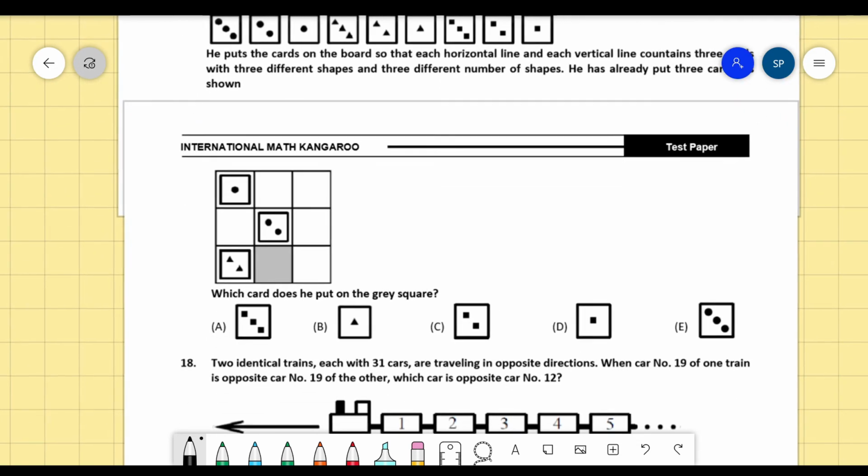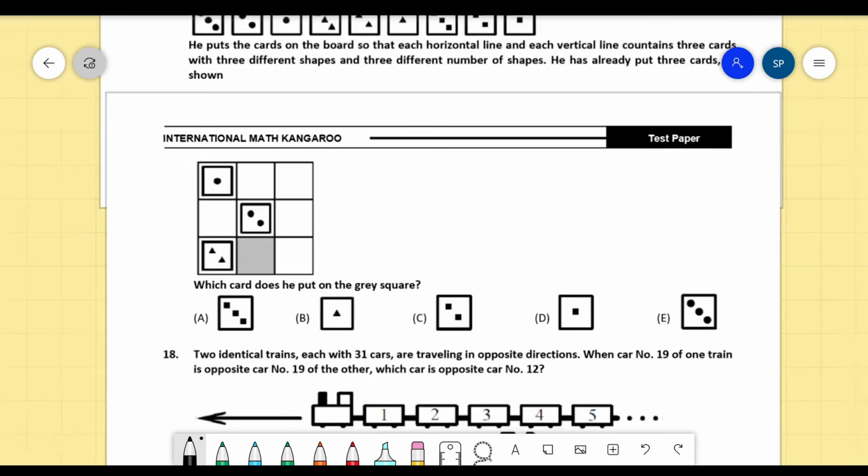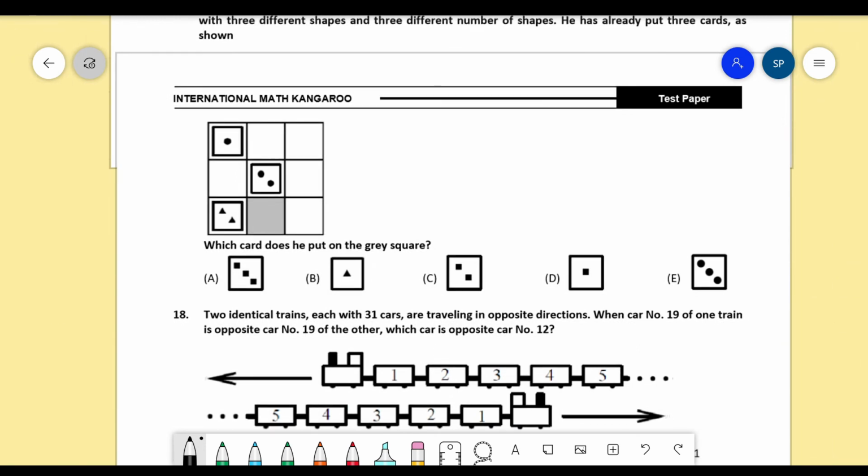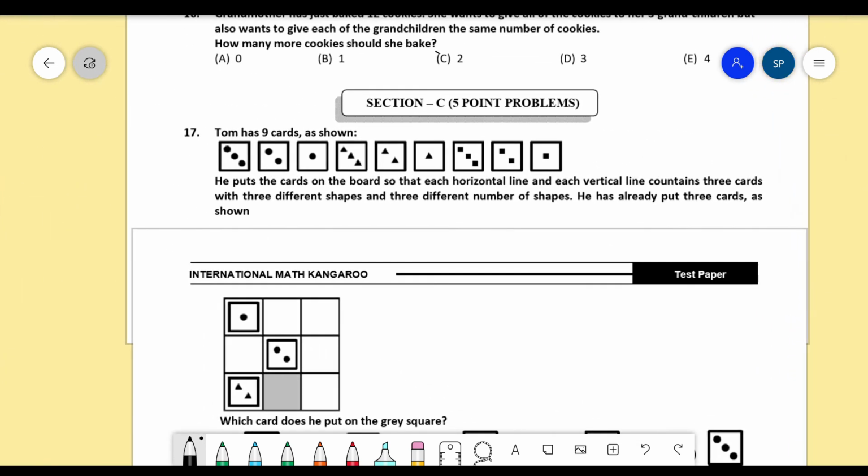So if we look at it, they wanted us to fill it in with different numbers of shapes, with different shapes. If there's already a circular one put, and there's also a triangle for 2, then if we have to put one that has 3 shapes, it's either this shape or this shape or this shape.